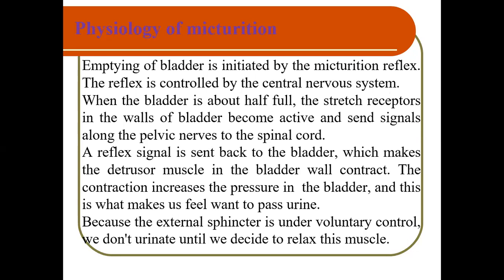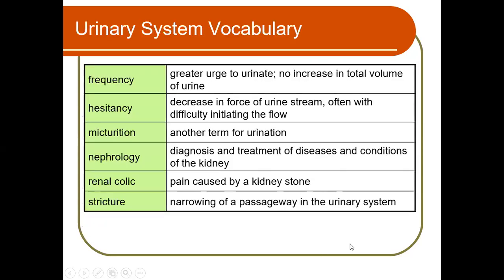The contraction increases the pressure in the bladder, and this is what makes us feel the urge to void urine. Because the external sphincter is under voluntary control, we do not urinate until we decide to relax this muscle.